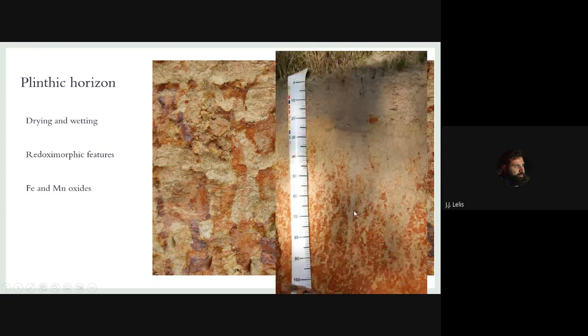And so we can see this kind of horizons that possess more than one color, and these different colors are related to reducimorphic and oxymorphic features produced by the drying and the wetting of material, the variation of soil moisture regime.